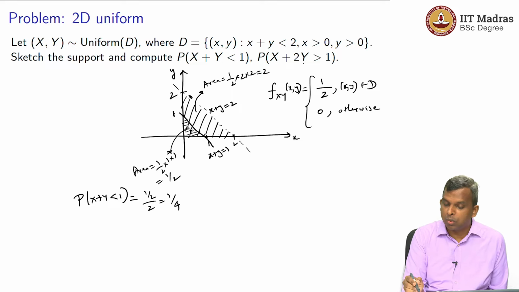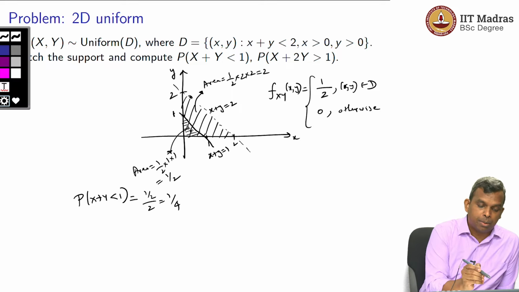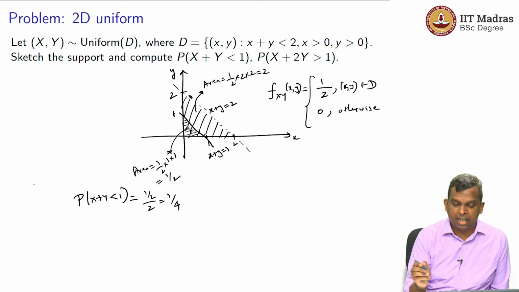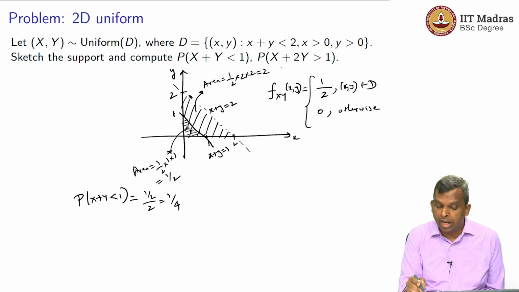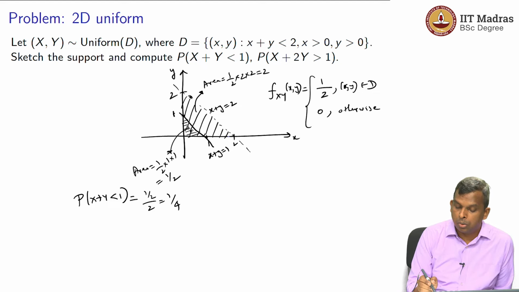The next one is x plus 2y greater than 1. Let me do the blue calculation here. This may get a little bit more complicated. So x plus 2y equal to 1. So where is that line going to lie? It will start at 1.